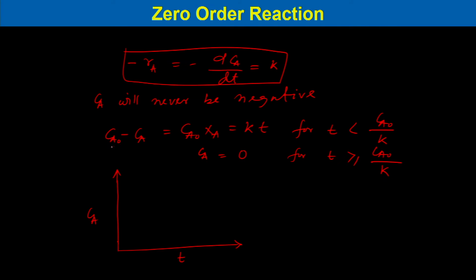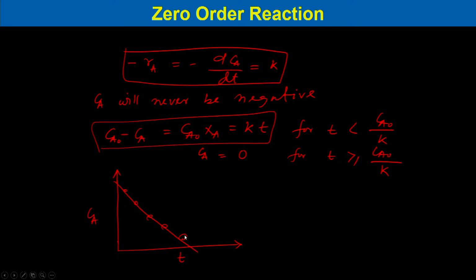So, if we plot for this, we would obtain this intersection, which would be C_A0, that is the initial concentration, and the slope of this curve is minus k.